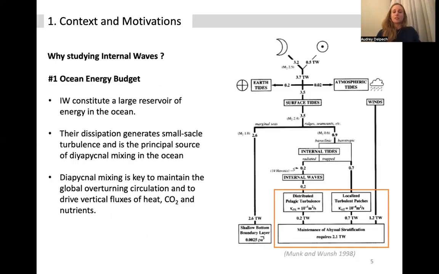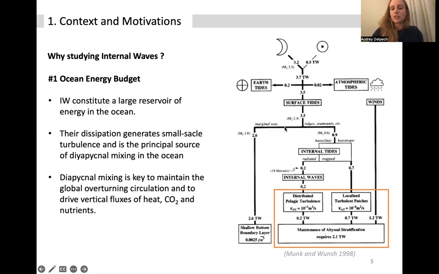So why do we study internal waves? First of all, for the global ocean energy budget, as I just said, internal waves constitute a large reservoir of energy in the ocean, and their dissipation actually generates small-scale turbulence, and it's the principal source of diapycnal mixing, which is key to maintain the global overturning circulation and drives vertical fluxes of heat, CO2, and nutrients, for example.